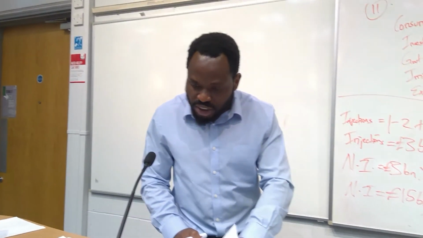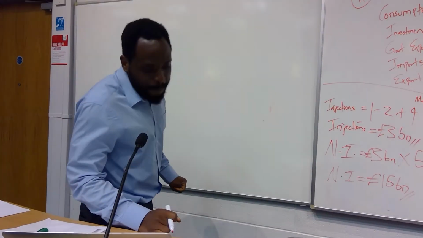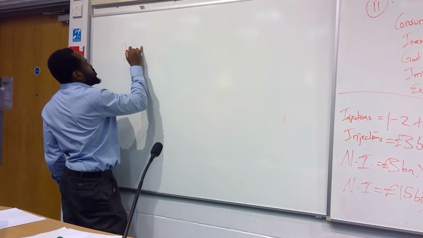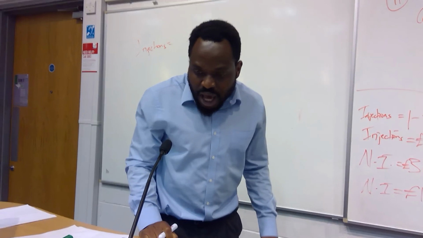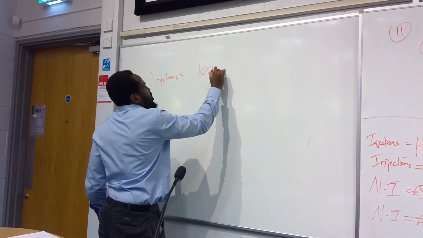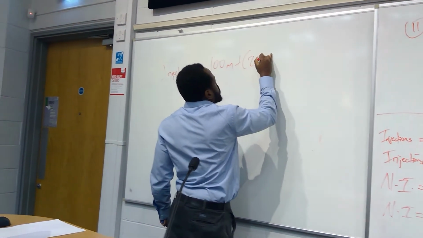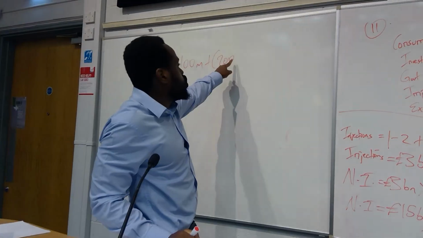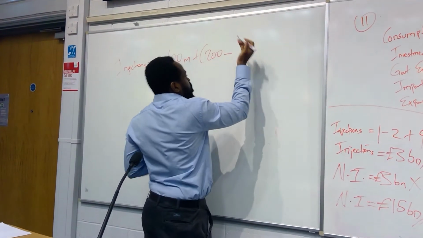Okay, this is very interesting. What do we know? The government increases expenditure by 100 million, so we're looking at injections. Government increases by 100 million. And then firms also increase by 200 million, but out of this 200, they're giving out 50 to companies in other countries.